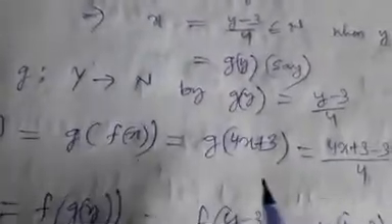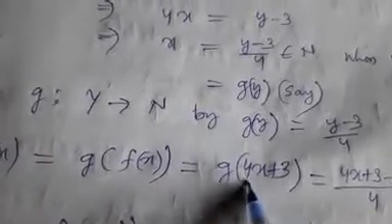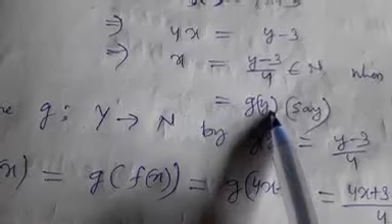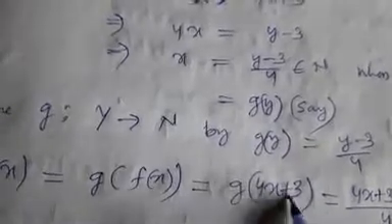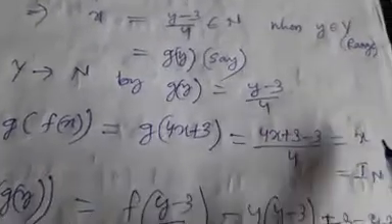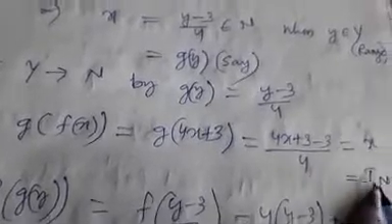So, in the place of y you put (4x plus 3 minus 3) divided by 4, that means it comes x, which is identity of natural number, that is x part, this is y part, here y is the range.